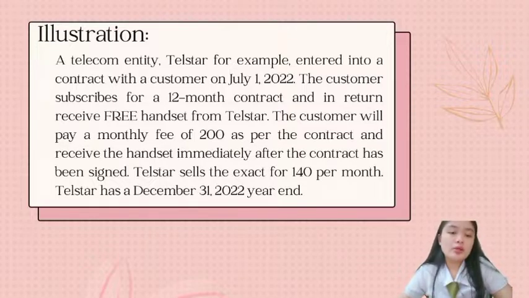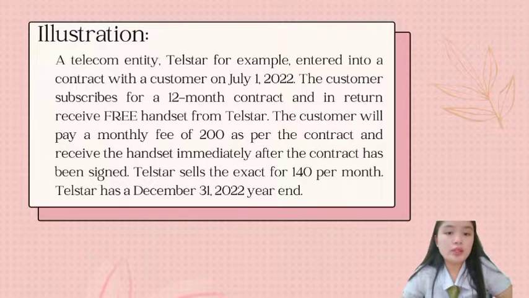Now, when we look into the illustrative, a customer will receive a free handset that has a monthly subscription which will be for a 12-month period. When we look at our 5-step model, in our first step we need to identify if there is a contract. Yes, there is a contract. In this illustrative, they indicated to us that they have entered into a contract, therefore we comply with step 1.